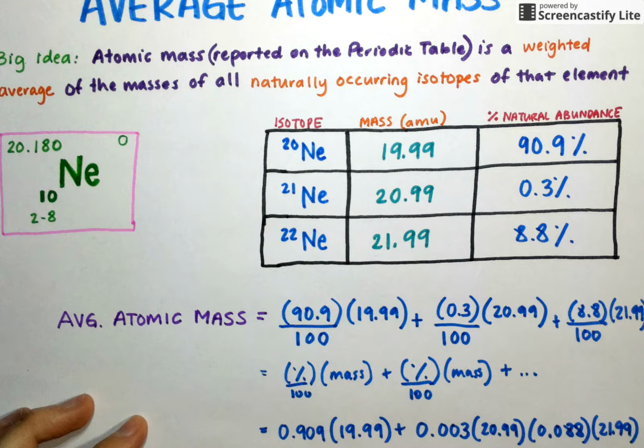So whenever you see this number on the periodic table, it does not tell you the mass of an individual neon atom. What it does give you a clue to, though, is what the most common mass of a neon atom is. And that's just going to be whatever this number is, rounded to the nearest whole number. So because this number is very close to 20, that must mean 20 is the most popular choice for mass number when we look at the isotopes of neon.